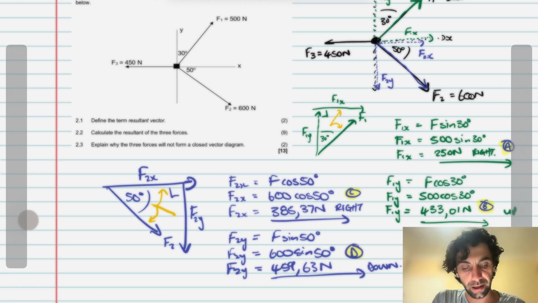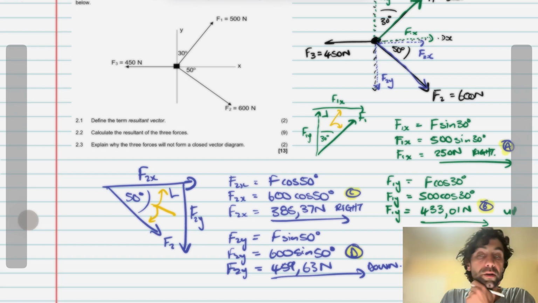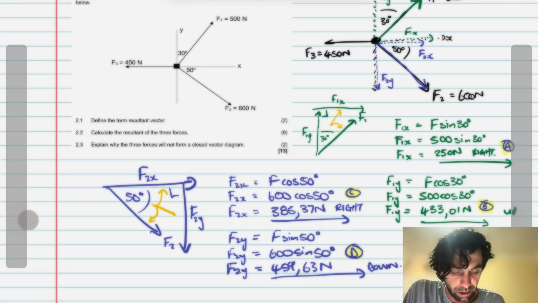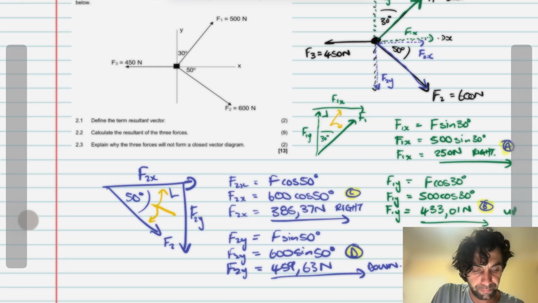Okay, so what does all this mean now? This means that if I need to find the resultant of the horizontal forces, I am firstly going to have this F3 of 450 newtons acting to the left. So I have F3, which is 450 newtons. On this point over here, which I'll just enlarge a bit, we have another force acting, oh no, we don't, not acting to the left.